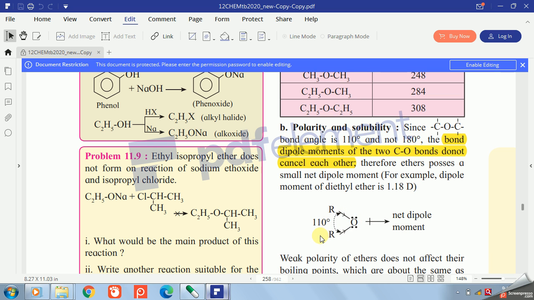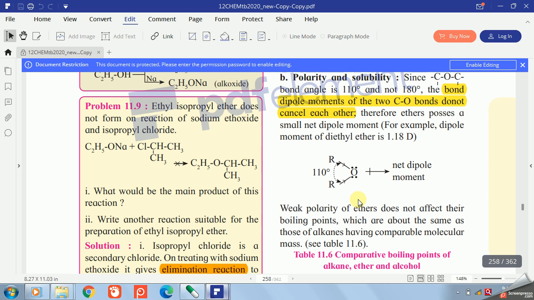It is 110. So the bond dipole moment due to this RO bond cannot be cancelled by the dipole moment of the other RO bond. So there is a net bond dipole moment, and due to that it is polar in nature. It is not non-polar.